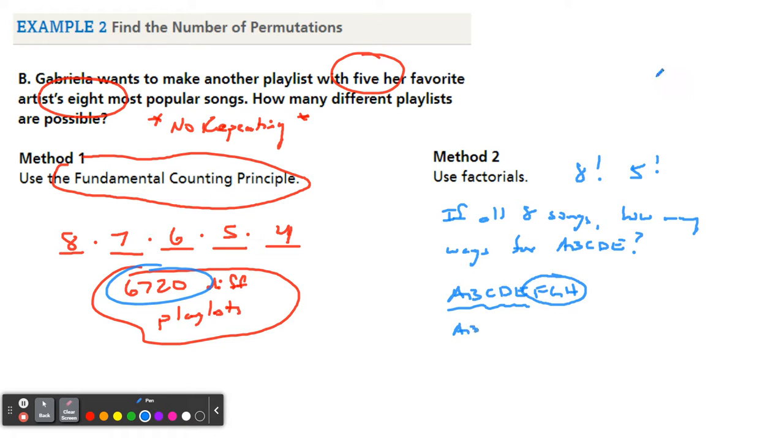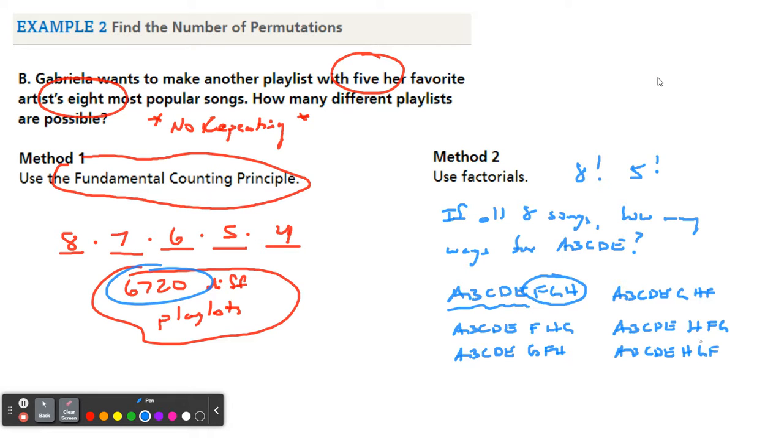So A, B, C, D, E, again constant, but now let's call this F, H, G. Then A, B, C, D, E, but now make this G, F, H. Then A, B, C, D, E with G, H, F. And again A, B, C, D, E, but now H, F, G, and A, B, C, D, E, but now H, G, F. So in all cases, A, B, C, D, E stay in the same order, but the last 3 got written in a different order.